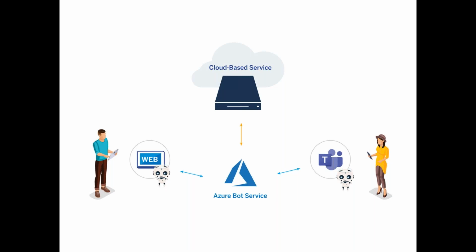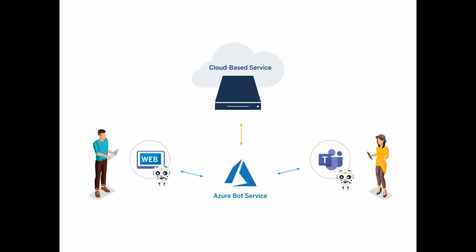Channels are the way the bot provides the information into the messaging platform that the people are using. So it could be a web-based chat, it could be a Teams-based chat, it could be Slack, it could be Facebook Messenger. The bot service generally is agnostic towards which channel it outputs to, and how it inputs and outputs from that communication channel. That's secondary to the fact that the bot service is working to interact with the cloud-based service.